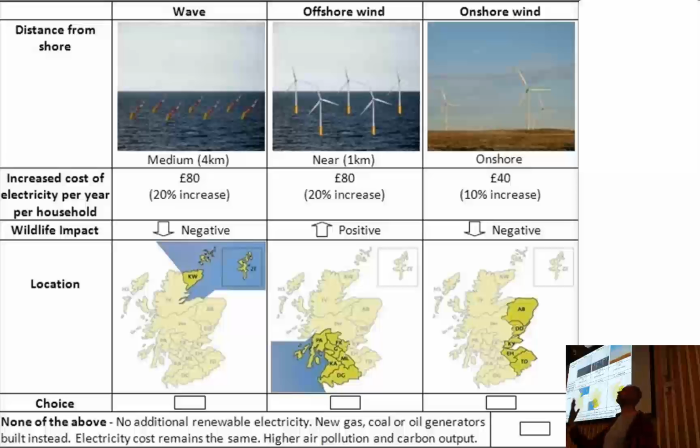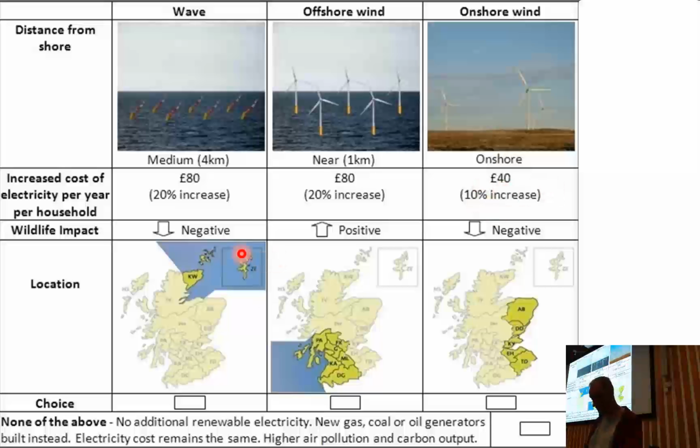And they look different. That would have different implications for the cost of electricity, and that is given here in the second row. Here's my mouse. This option would cost £80, which is a 20% increase. This would also cost £80, and this would cost £40, right?